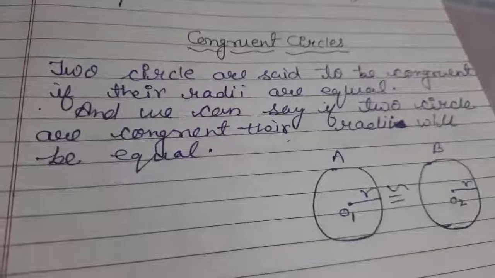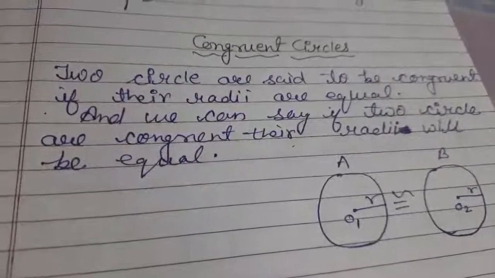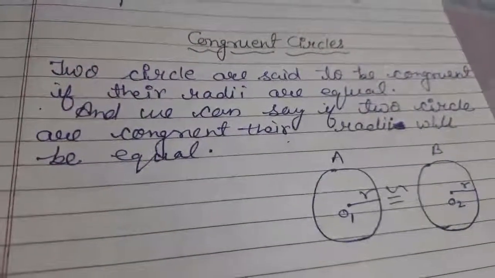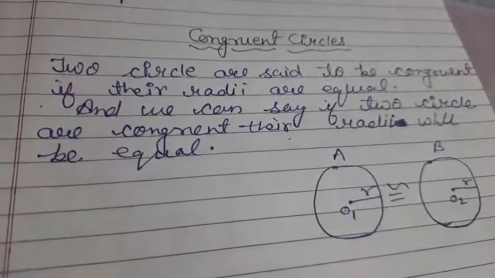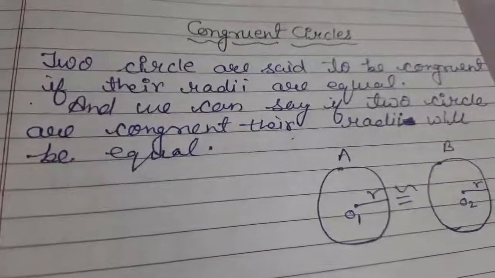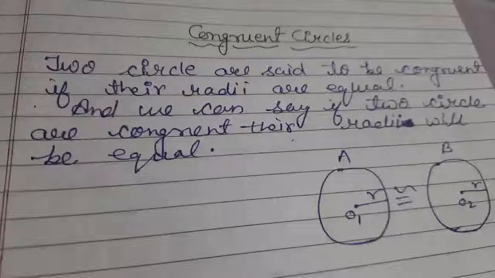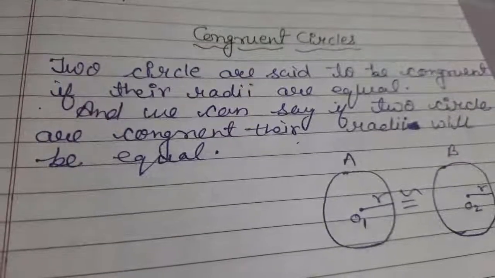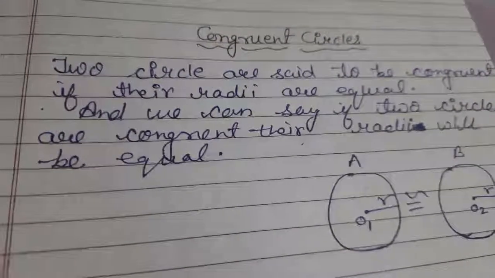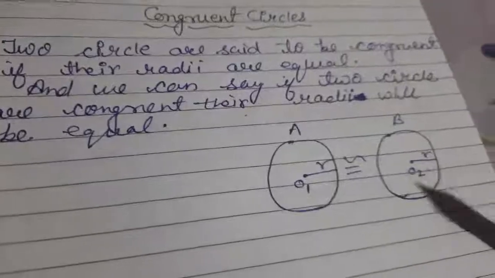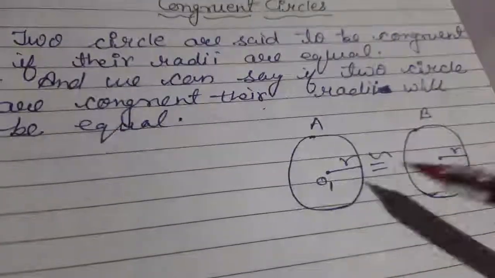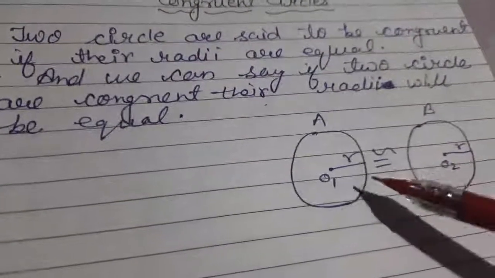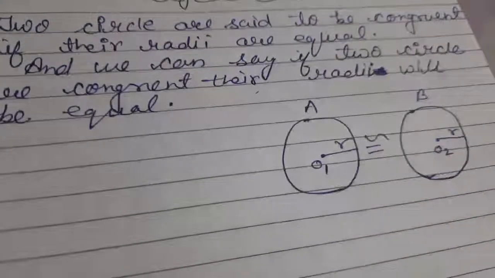We all know the shape of every circle is the same, that is circular. So what should be the condition for circles to be congruent? We can say two circles are congruent if their radii are equal.